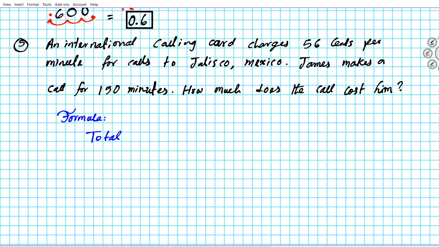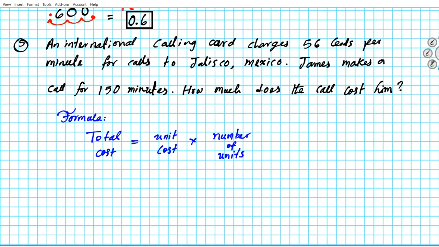The total cost is basically the unit cost, the cost for each item, in this case each minute, right, multiplied by the number of units. How many minutes did you call? All right, so that's the formula that we're going to be using.